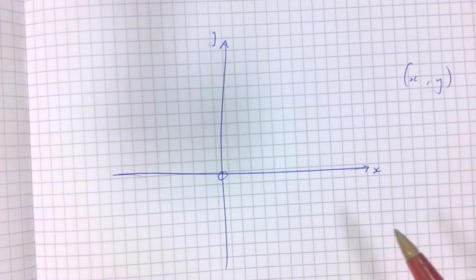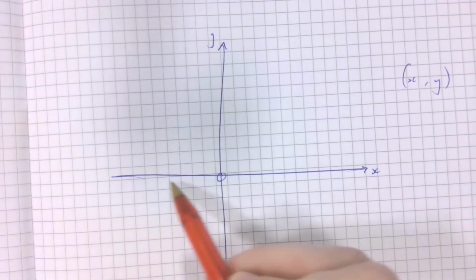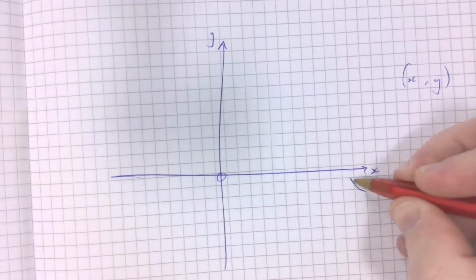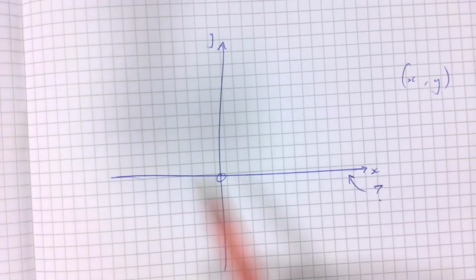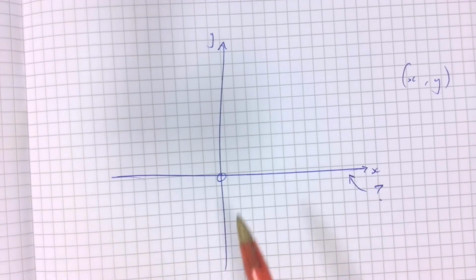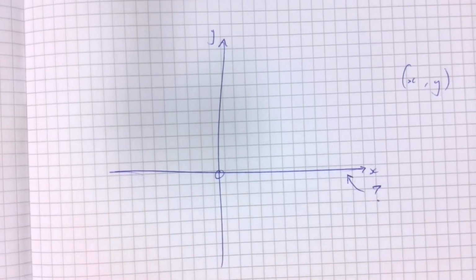Okay? Now, if I'm looking for the coordinates where lines cross the x-axis, it's a good idea to think about, well, what line equation is the x-axis itself? What algebraic equation, what y equals mx plus c line would represent the x-axis?